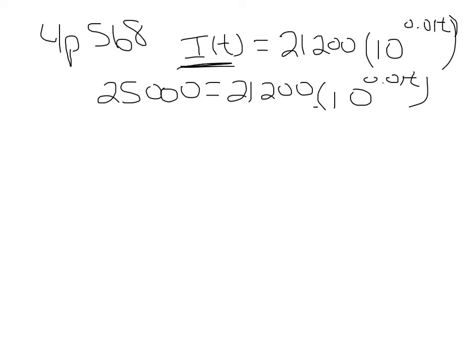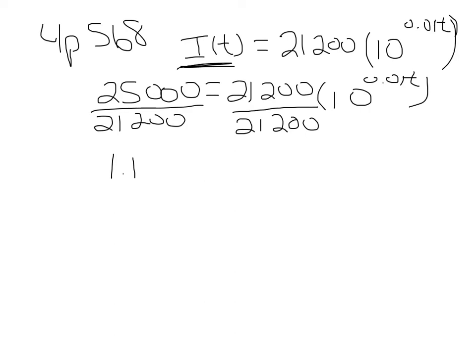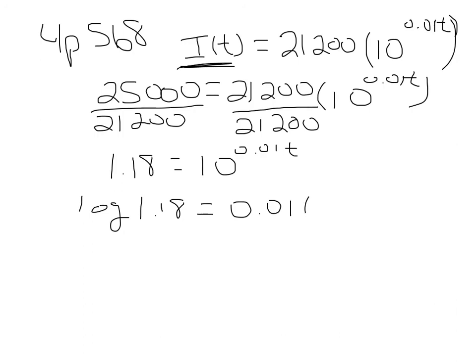21,200 times that, so I need to get rid of it by dividing by it. So 25,000 divided by 21,200 is 1.18, equal to 10 to the 0.01t. Log of the answer is equal to the exponent.